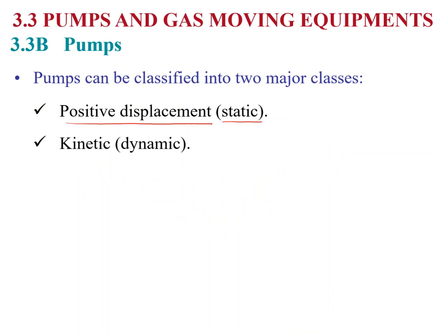This is the first type. And the second type is called kinetic or dynamic pumps. So we have positive displacement or static pumps and dynamic or kinetic pumps. Let us take them one by one.